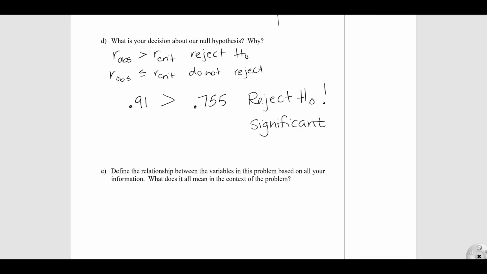So what this means essentially is that we assume there's no relationship in the whole population between these things. Then that means the correlation in the population would be 0. We got a sample that has a correlation of 0.91. If the real population correlation is 0, it would be super, super weird to get a correlation as high as 0.91 in our sample.